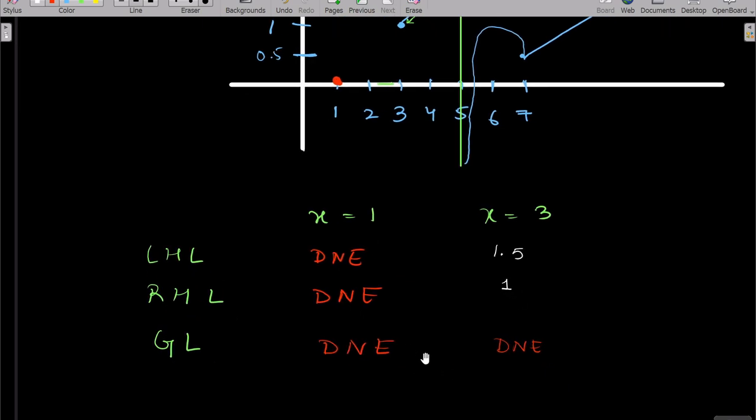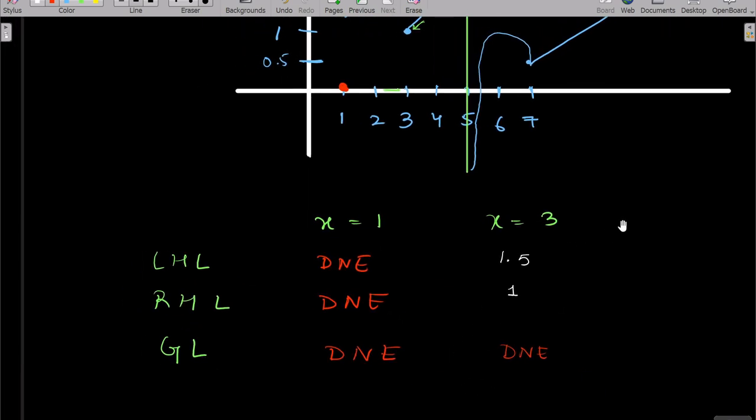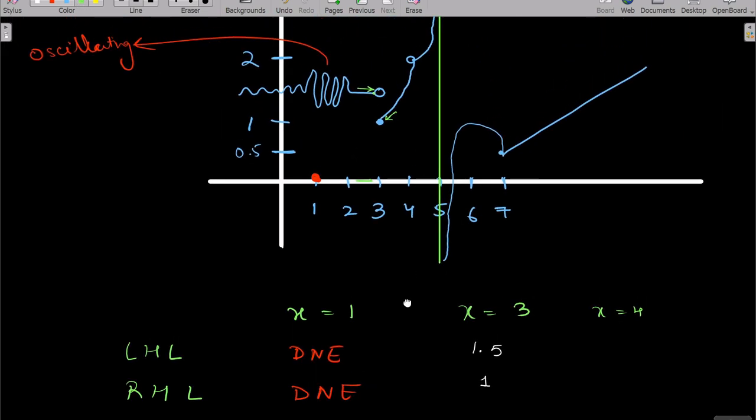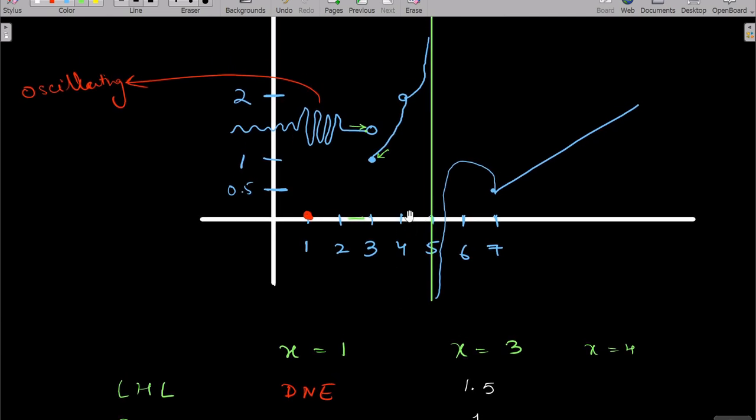Okay, now let's see at x is equal to 4. At 4 you have this open circle. I want to draw it slightly below.